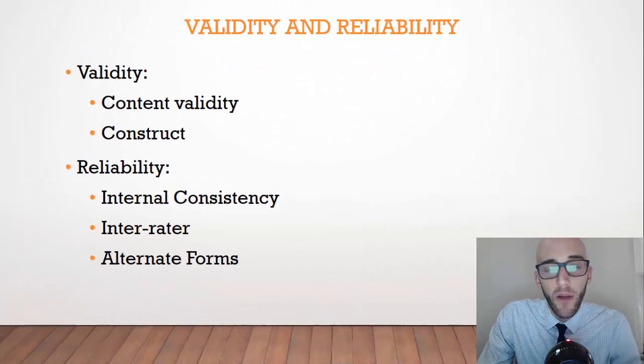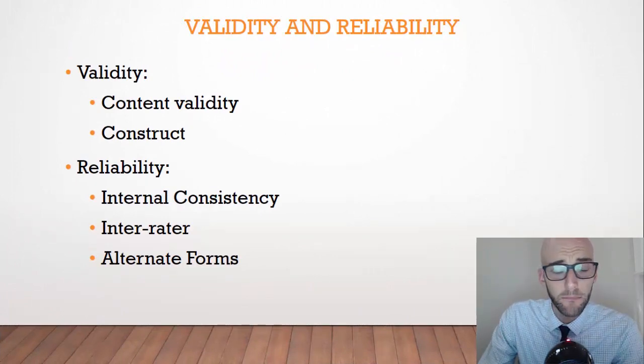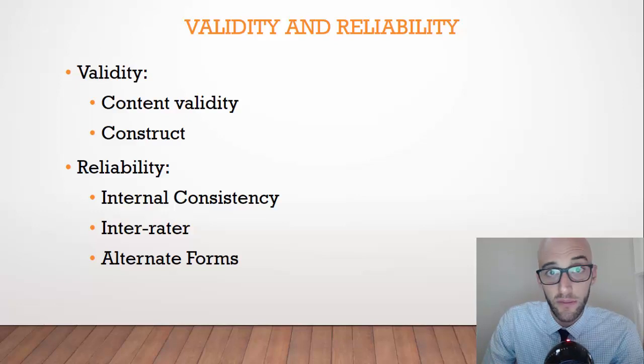Okay, and also getting back to reliability and validity here. It's a good idea to be aware of both what validity and reliability are. Validity being the accuracy of a measurement versus reliability being more the consistency of the measurement. There's a couple different types of validity: content validity, construct validity, criterion validity. I would say it's probably most important to know content and construct for the purposes of this quiz.